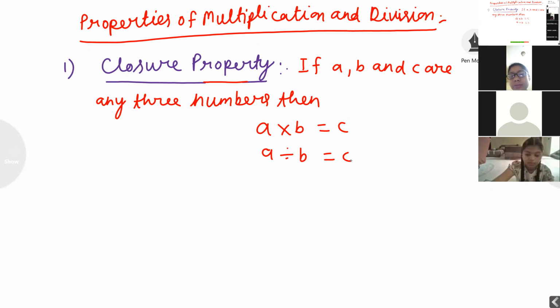We can apply it, suppose I'm writing an example, 10 divided by 2 is equal to 5. 10 is a number, 2 is a number, dividing, 5 is coming, also a number. But in the case of 0, we can't apply.